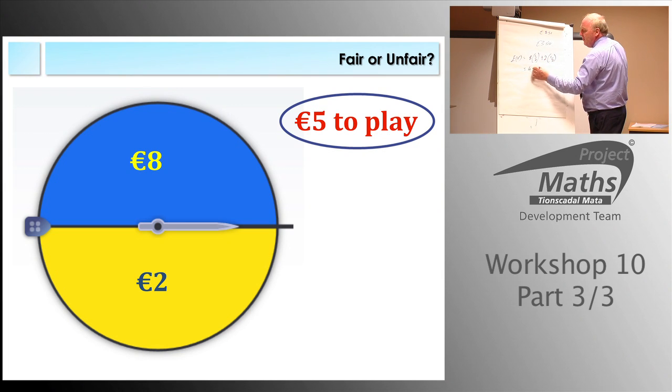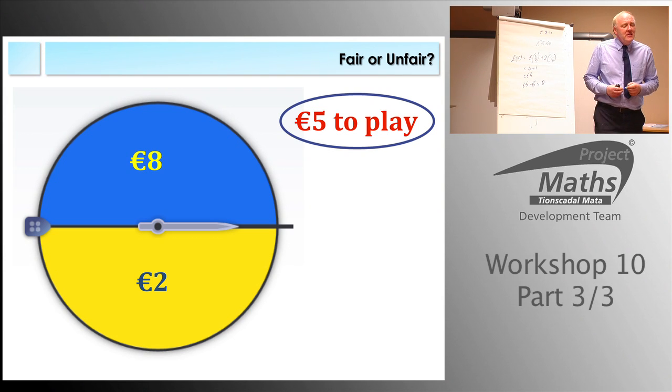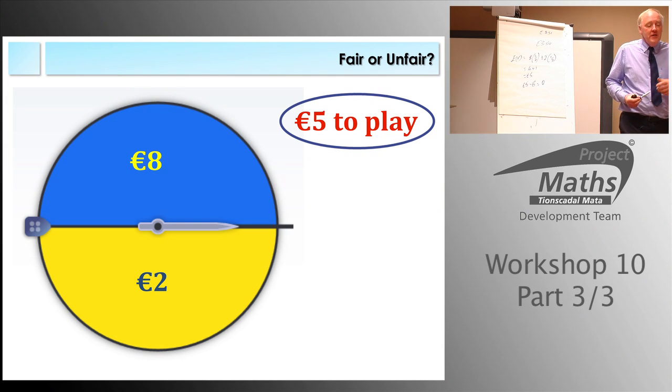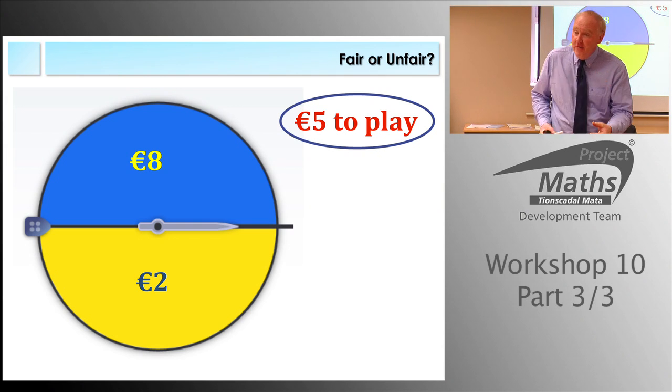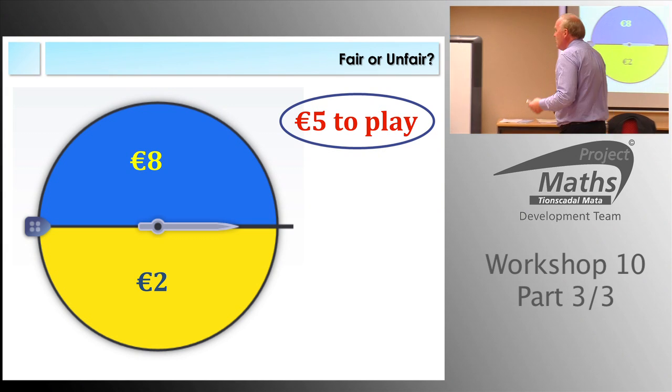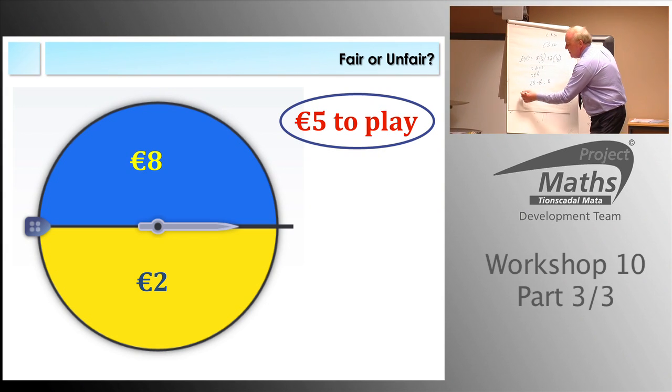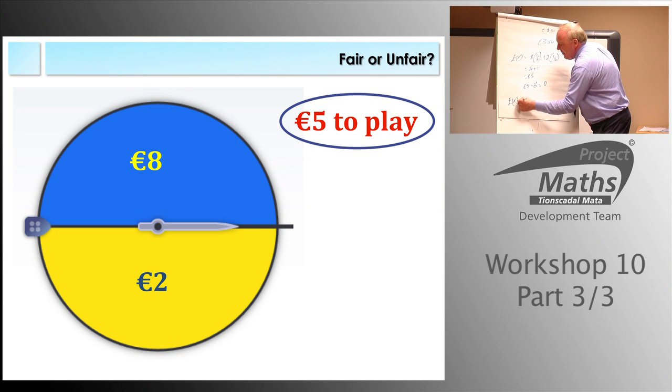So that's 4 plus 1 is equal to 5 euros. And of course, if I pay 5 euros to play it, 5 minus 5, I end up with 0. And if the expected value is 0, when the cost is taken into account, the game is said to be fair. Okay? Now, I could also work on it like this, and work on this method.